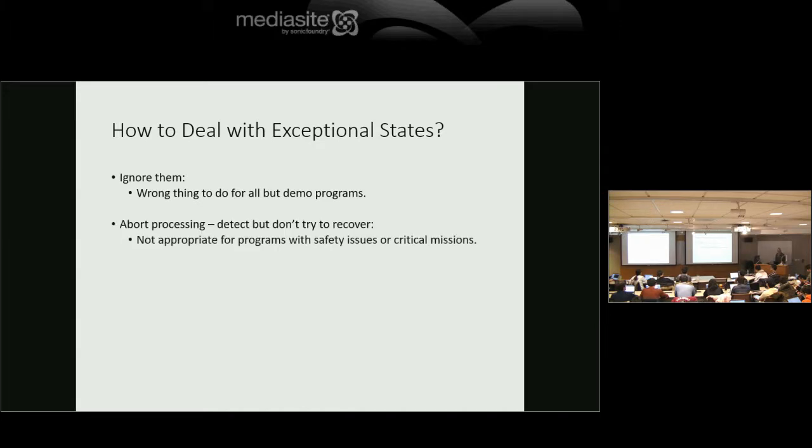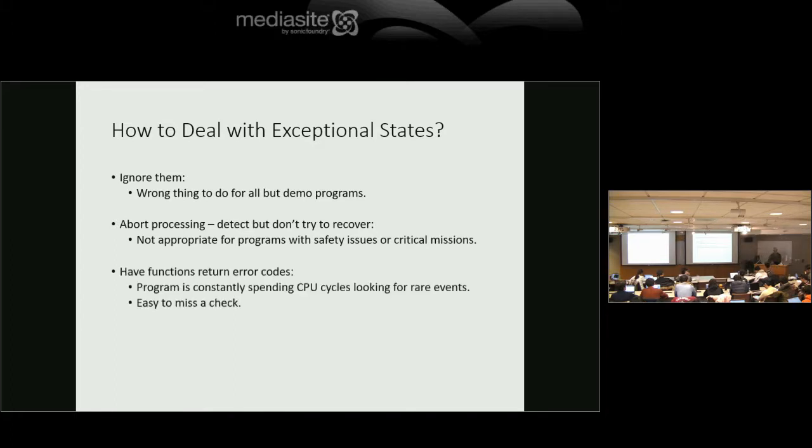I could just abort processing, but if you're writing flight navigation code for the Boeing 747, you probably don't want to abort processing, right? I could return error codes, and occasionally that's useful.